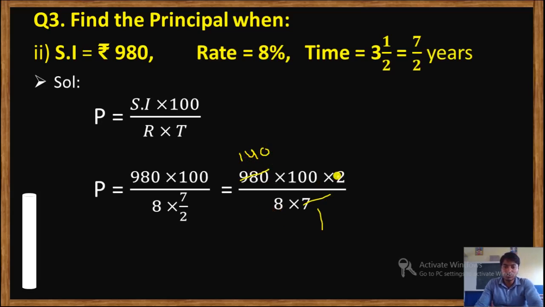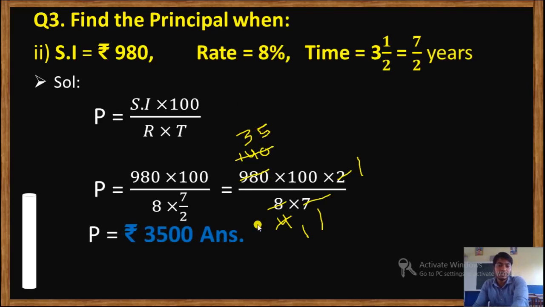Now 2 1s are 2, 2 4s are 8. Now 4 1s are 4, 4 3s are 12, 2 left, 2 and 0, 20, 4 5s are 20. Now when you multiply you will get 3500.